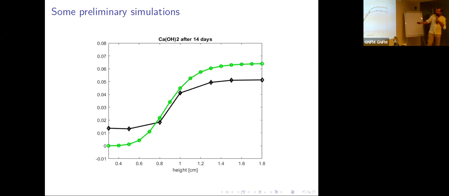Here, again, we capture the same S shape of the experimental data, but we underestimate the carbonation here and overestimate it here, though we essentially capture the region of the carbonation.